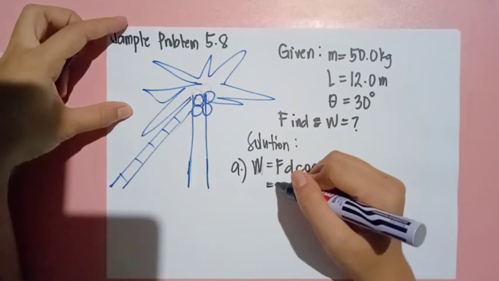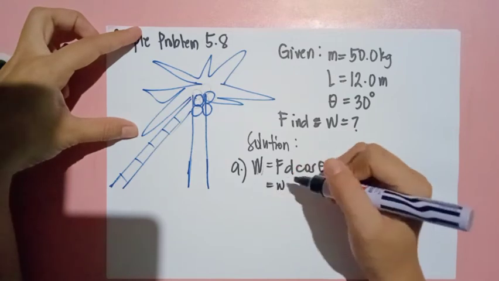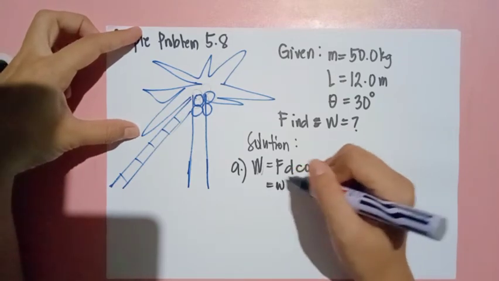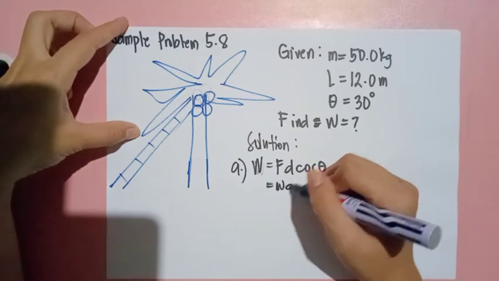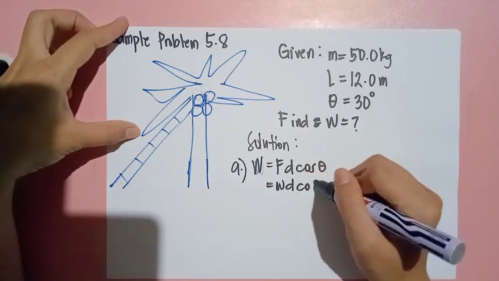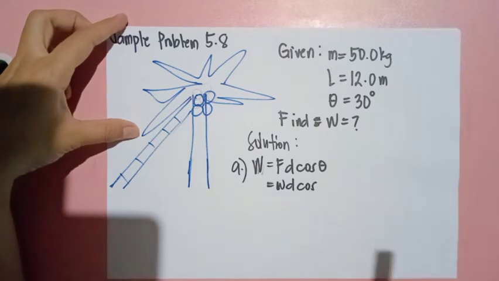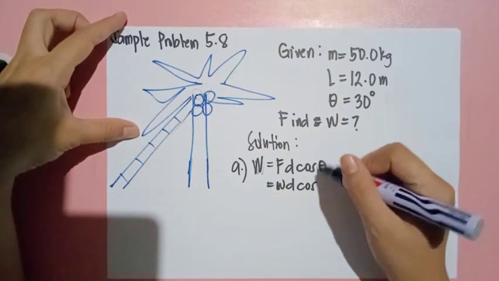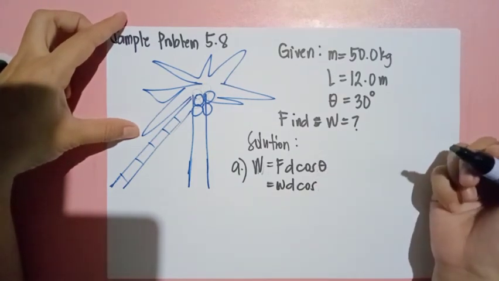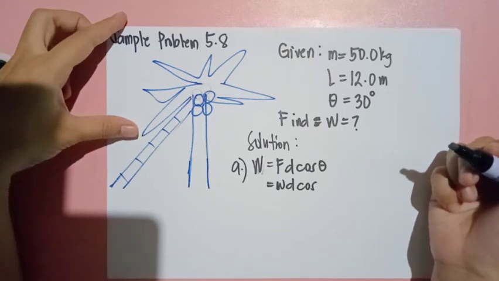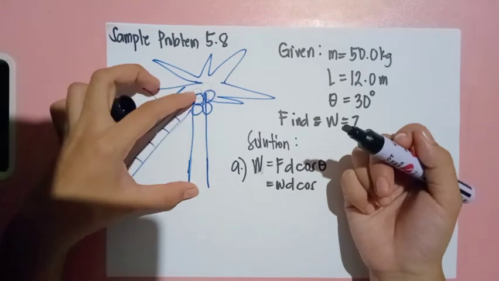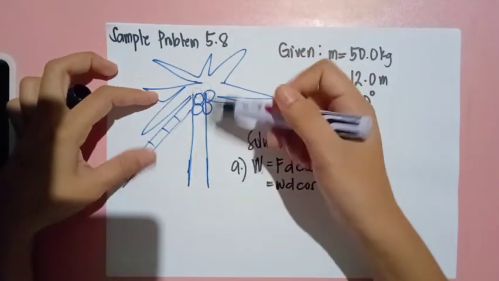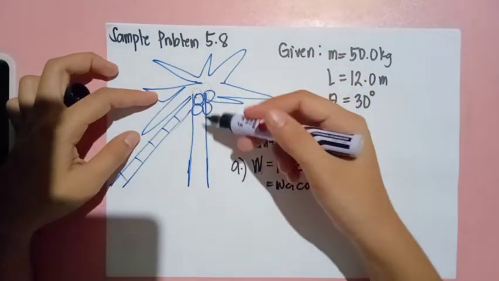Okay, we have work, W, equals weight times displacement times cosine theta. Since this is the first case, our theta here is 180. Why is that 180? That is because the weight is directed downwards, right?